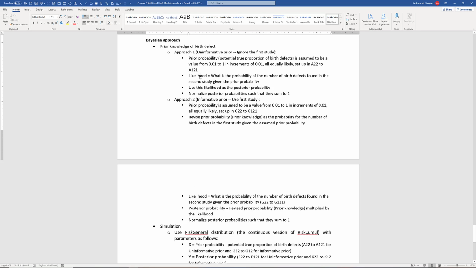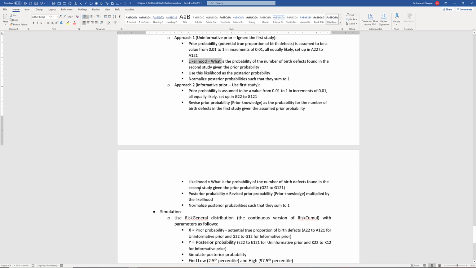But the difference is, in approach 1, we use these likelihoods as our posterior probability, but here what we're going to do in approach 2 is to modify the likelihood that we just computed into the posterior probability by multiplying the revised prior with the likelihood. So that will give us the posterior probability that takes into account the results of the first study. And then we normalize these posterior probabilities. So let's head on over to Excel and set this up.